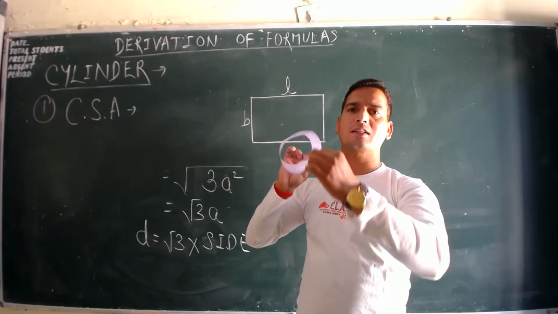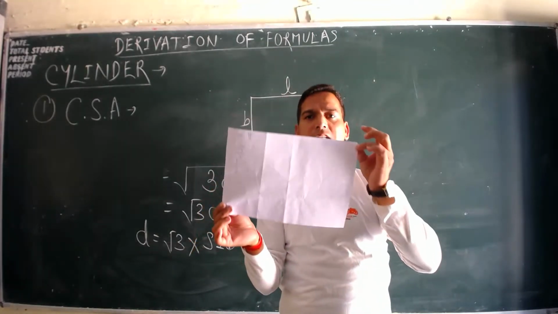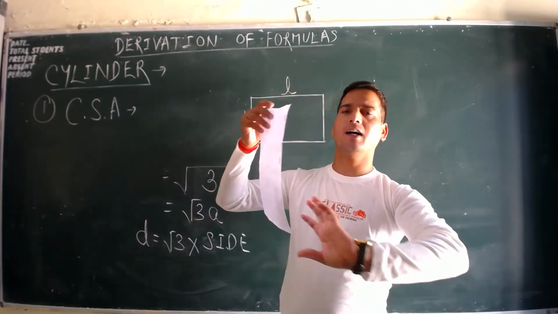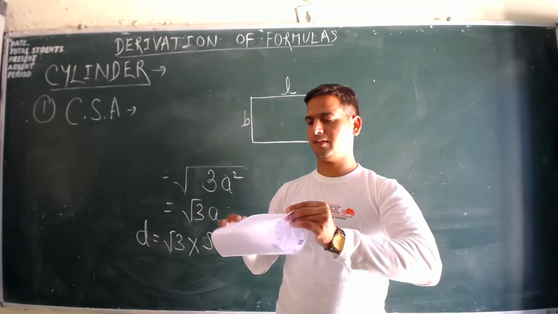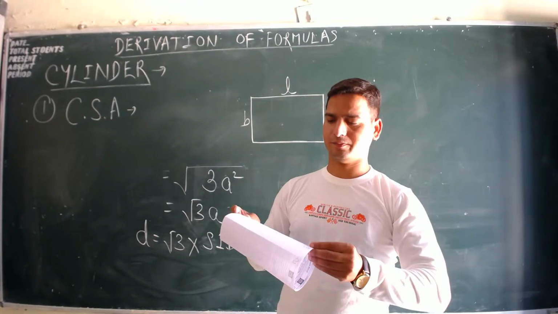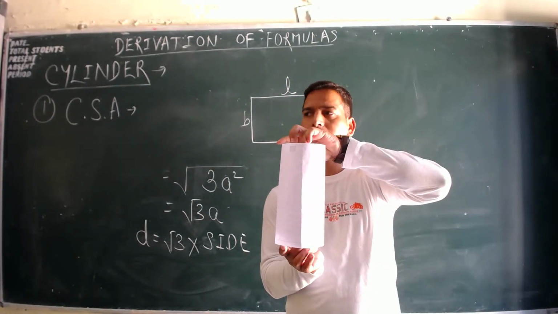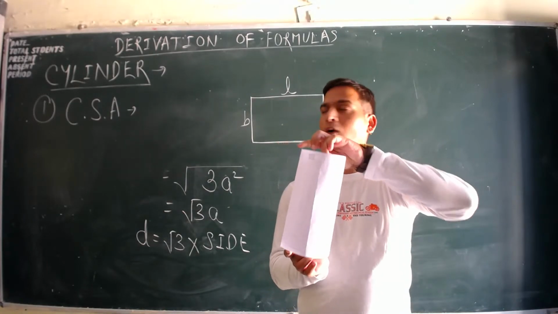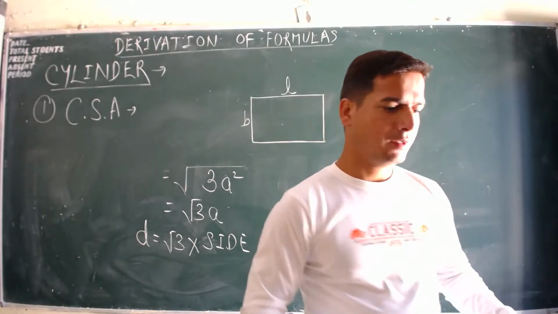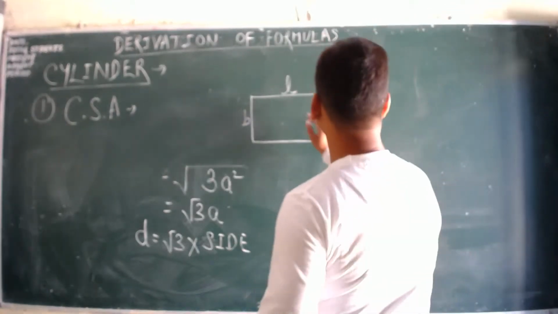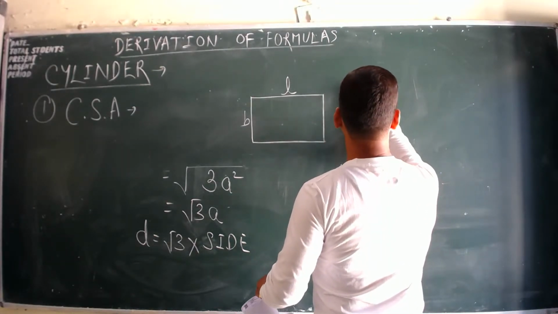With the help of a rectangular sheet, you can get a hollow cylinder. Got it? Now, from this rectangular sheet, I got a hollow cylinder.